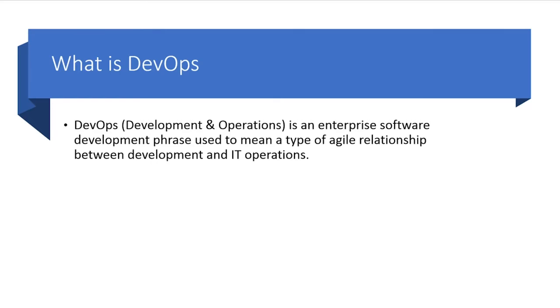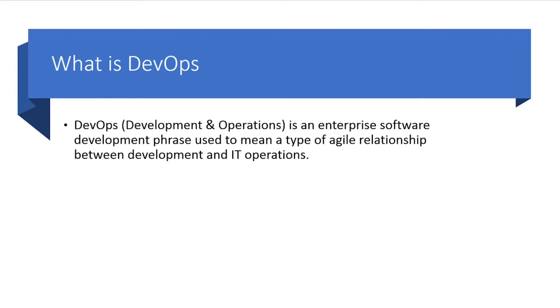From a principal perspective, DevOps is really meant to provide better software. We want to use DevOps as a way to engage more of an agile relationship between development and IT operations. Now, this came about for several reasons.